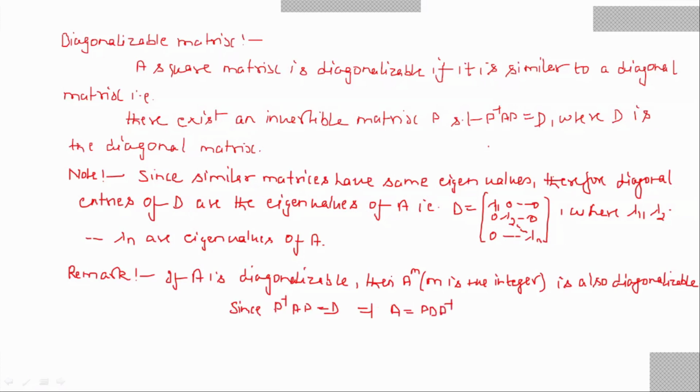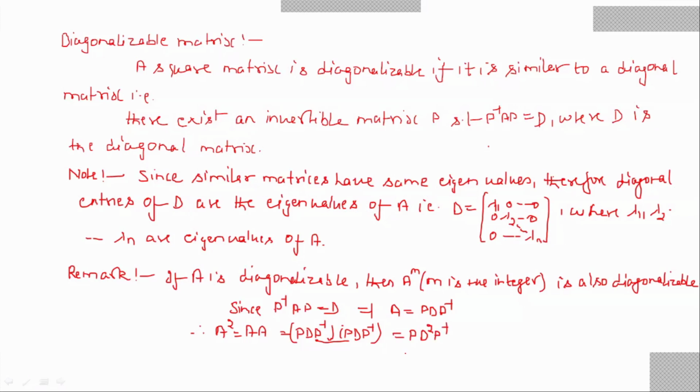So what is A square? A square is equal to A into A, which is P D P inverse into P D P inverse. This P inverse into P becomes identity, and identity into D is D. So it becomes P into D square into P inverse.